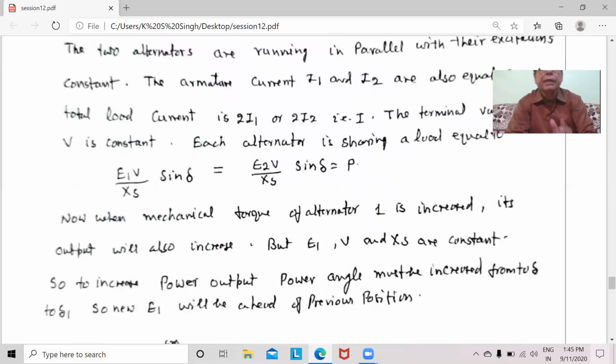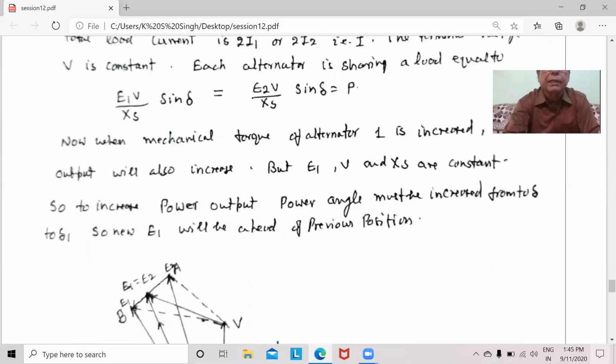Now when the mechanical torque of alternator 1 is increased, its output will also increase, but E1, V and Xs are constant. So to increase power output, the power angle must be increased from delta to delta 1. So the new E1 will be ahead of the previous position, as shown in the phasor diagram.